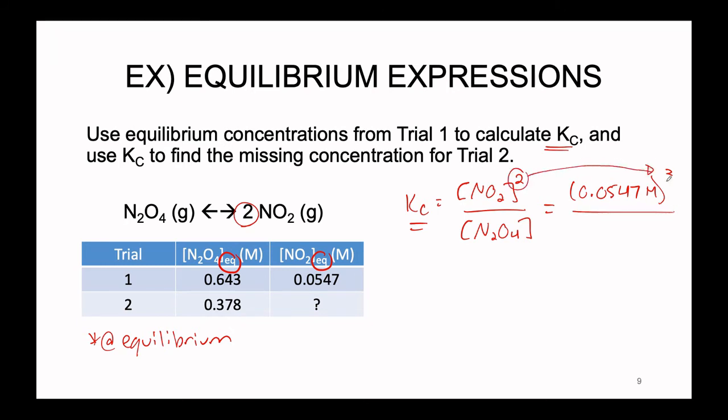Going to make sure that we don't lose that squared because it will definitely affect our math in some way. The concentration of our N2O4 at equilibrium, we can see here, is 0.643 molar.